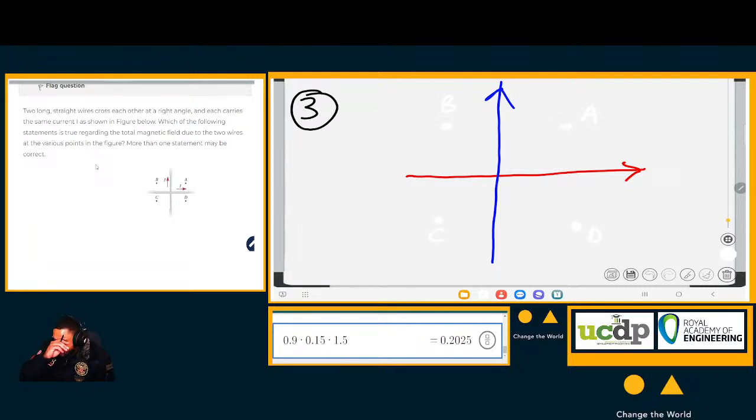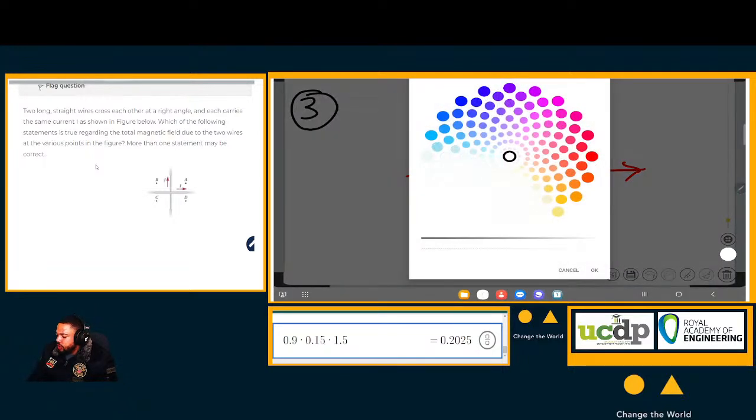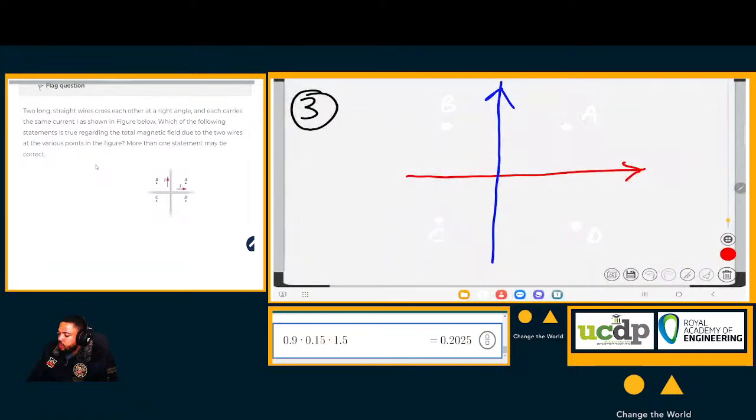Now I'm going to use the color red to denote which direction the magnetic field is pointing in each of these regions, just for the red wire. If we point our thumb in the direction of the current, our curled fingers would curl in the direction of the magnetic field.